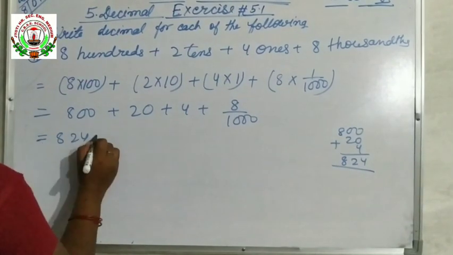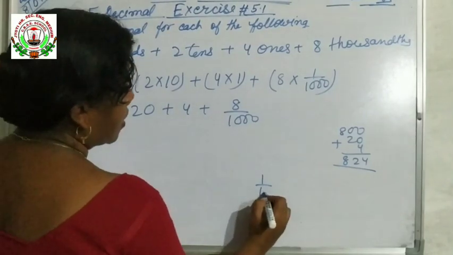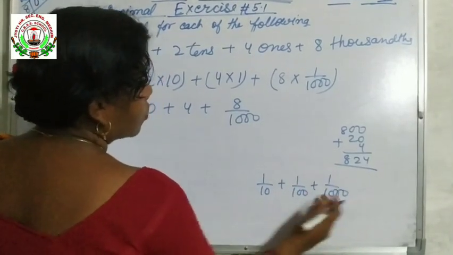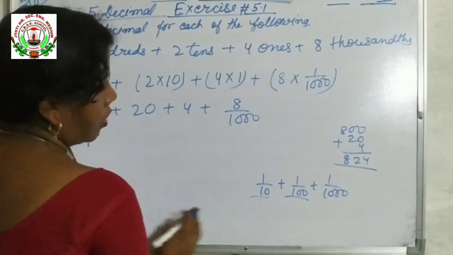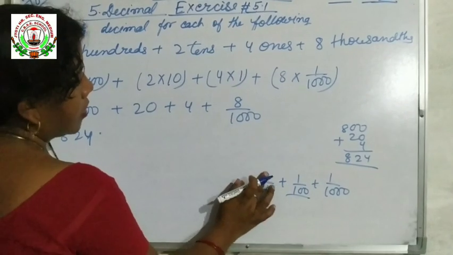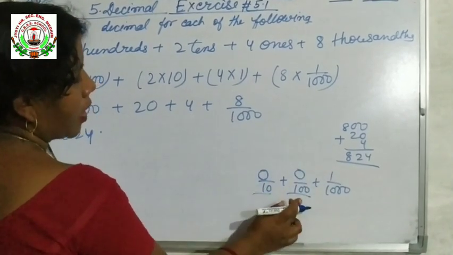And what is the fractional part? It is a fractional part, but we know that 1 by 10, then 1 by 100, then 1 by 1000. So here 10 and 100 is not given. So what you will do? Here not given, that means it will definitely be 0 by 10 and 0 by 100.